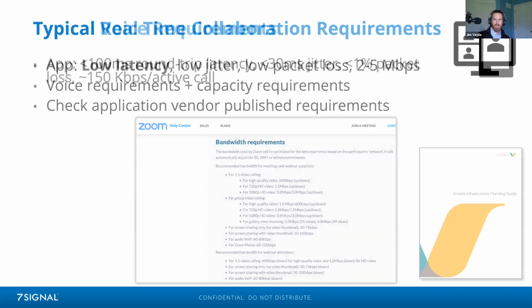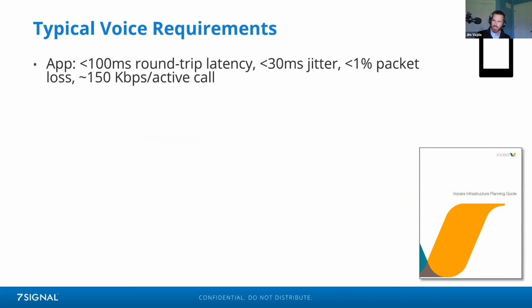So let's define some things that are typical for voice. From the application side of things, we really need about 100 milliseconds or less of round trip latency. And that's end to end. So that's from the client to the AP, across the LAN, out onto the internet, perhaps, and then all the way back.